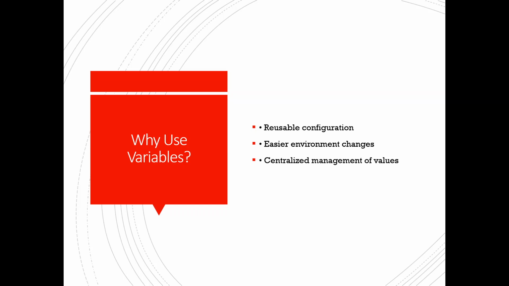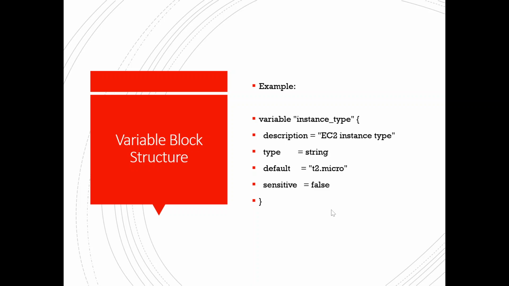But if you use variables, you only define the AMI and the instance type once, and Terraform automatically substitutes them whenever needed. You can quickly switch from t2.micro to t3.medium by updating one line of code. This is what makes Terraform configurations reusable and environment friendly.